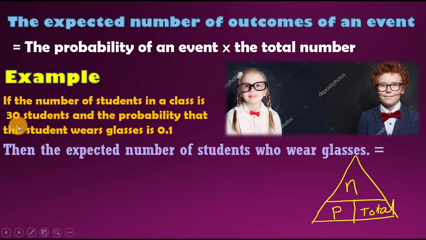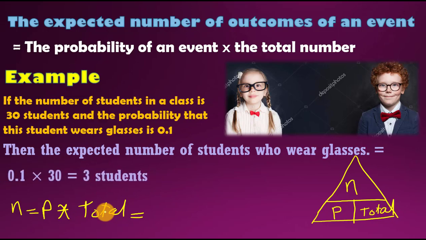If I need to evaluate the expected number of students who wear glasses, it equals probability times total, which is 0.1 times 30, equal 3 students. So this is a very important rule. Now let's solve example 2.